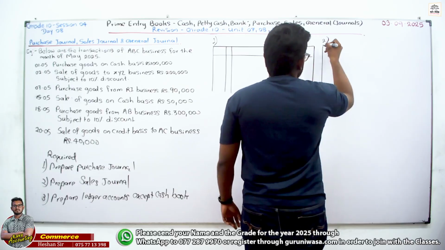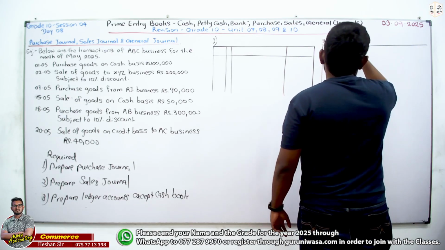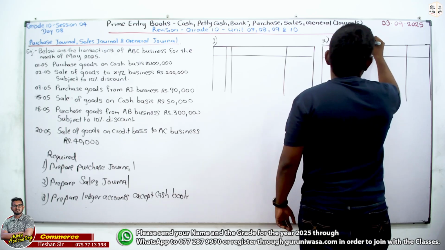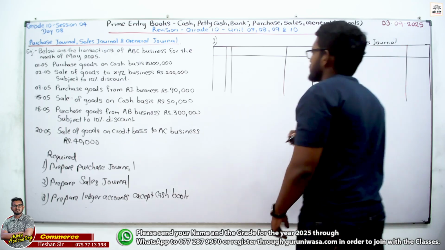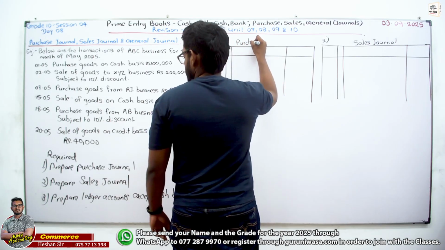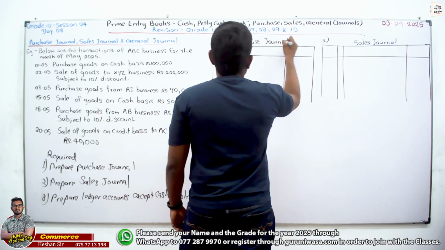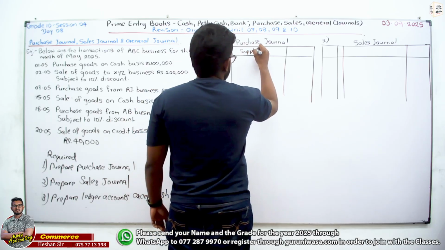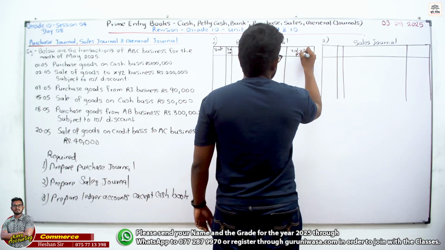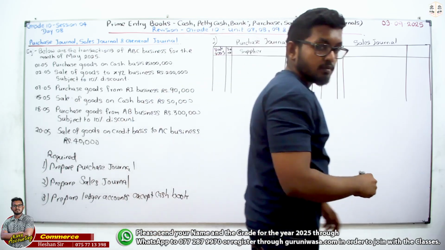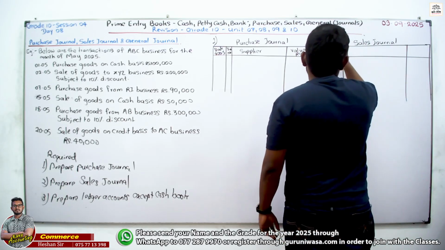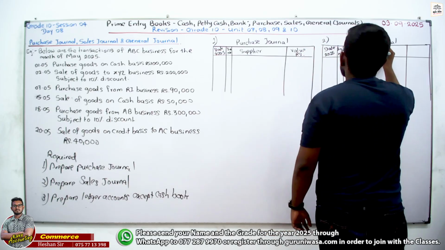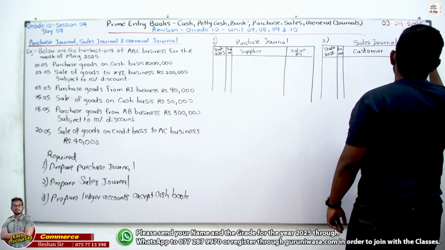Number two, sales journal: date, invoice number, customer, and value, Rs.